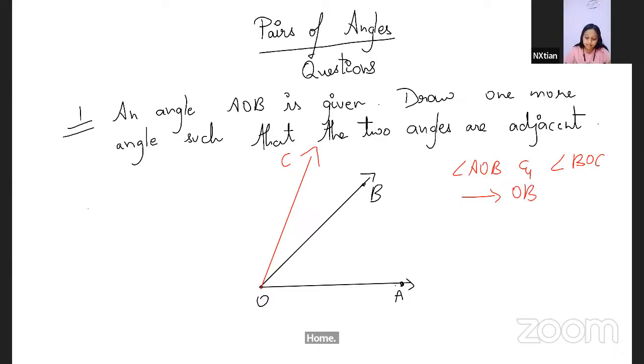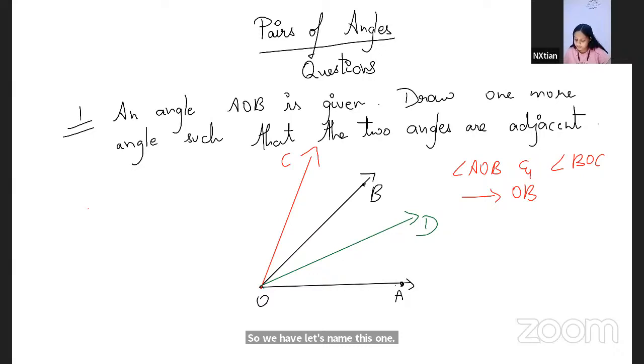Okay, let's try the way Anaya has made it. Anaya has made it in between OA and OB, like this. Let's name this one D. Ma'am, is it wrong the way I made it?